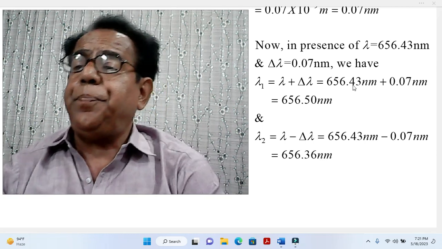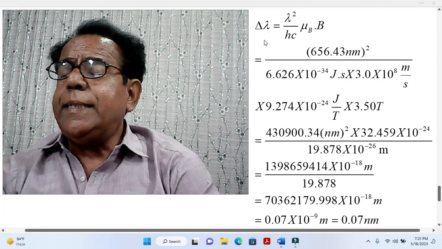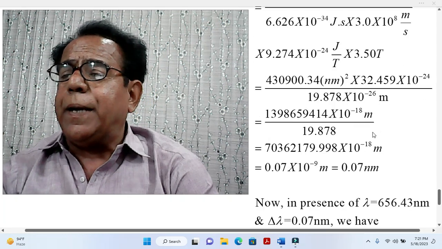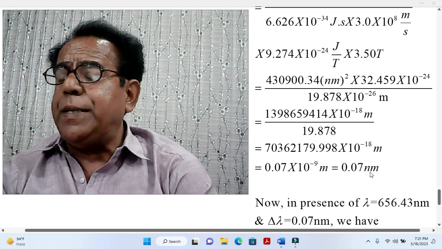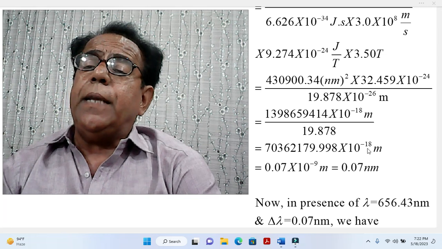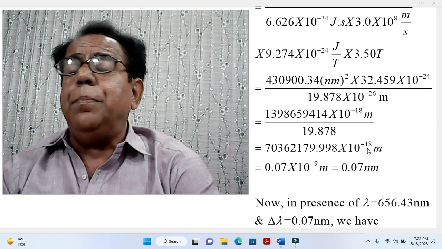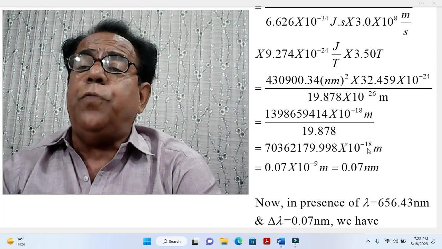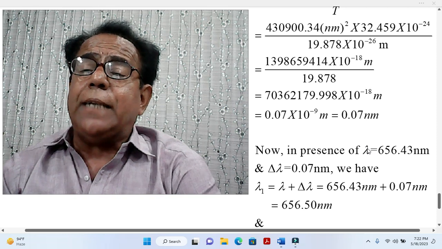Actually, this factor, that is delta lambda, which has become equal to 0.07 nanometer, is going to be added one time and subtracted one time from the main value of lambda, and in this way we will get three values.